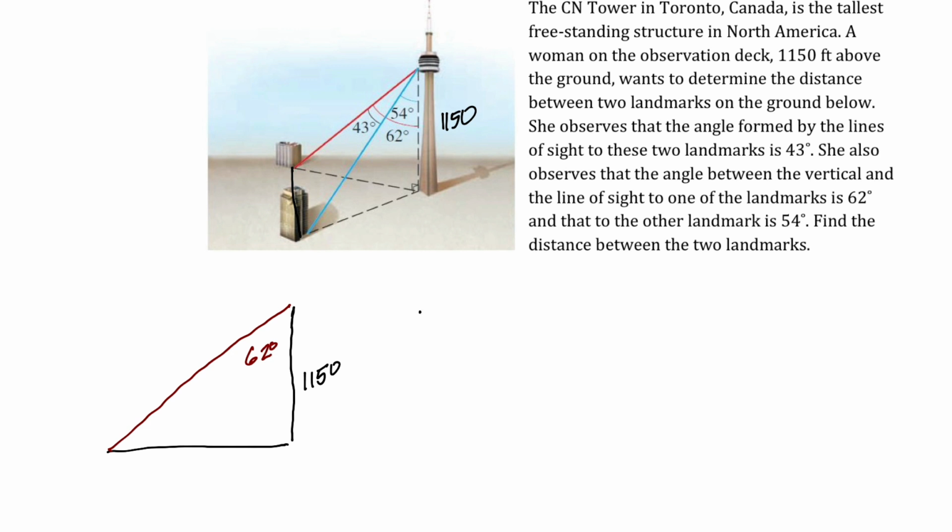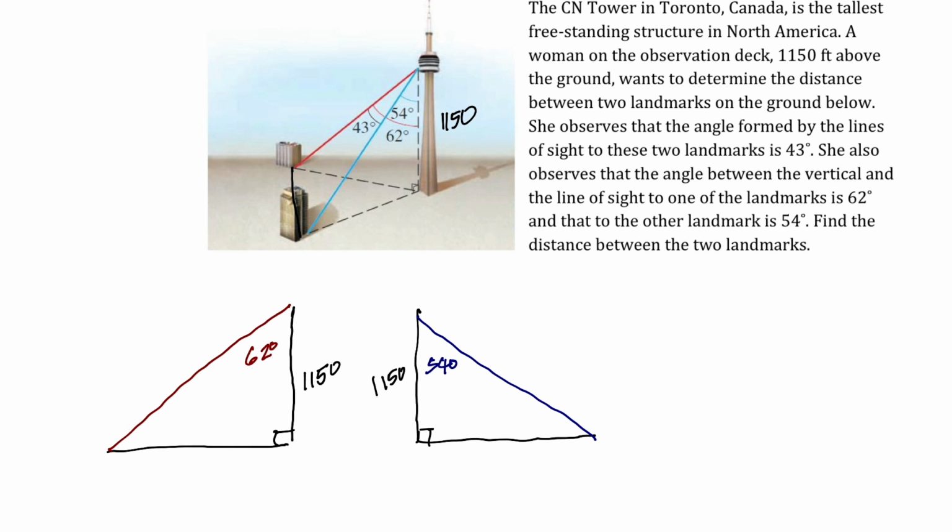I'm going to open these up. So this is also 1,150 feet high, but this triangle has a little bit of a shorter angle. I want to color coordinate that. So this angle is a little smaller, this blue one. So that would come down to here. So I'm going to write 54 degrees here. And of course, I'm going to say they built this building at a right angle to the ground.